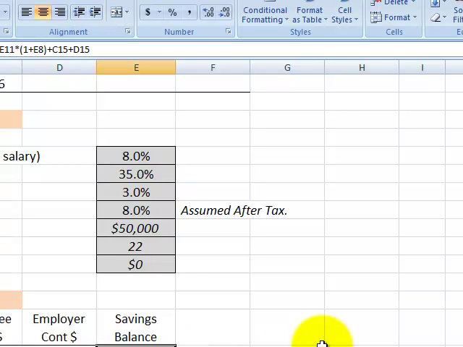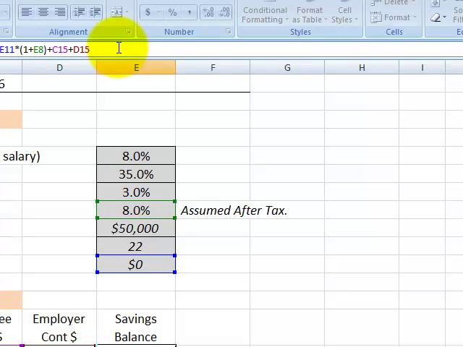Our savings balance is simply our starting balance. This is a little different than what the book has because I've assumed a starting savings balance. So the starting savings balance times 1 plus whatever our annual return is.